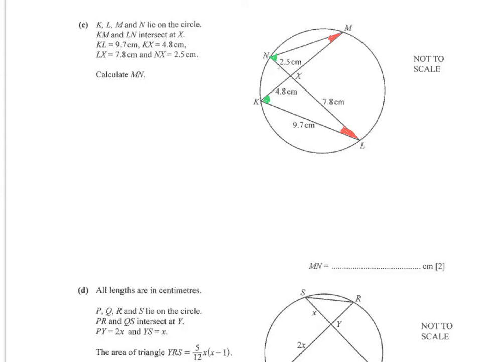Finally, looking at these two here, these are opposite angles, so those two blue ones must be equal, which means that triangle MNX is similar to KLX.